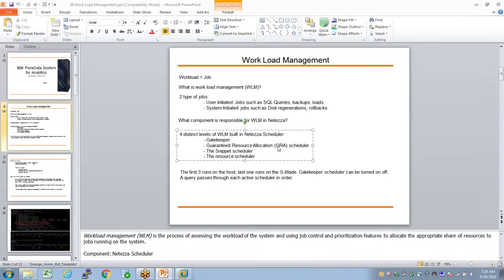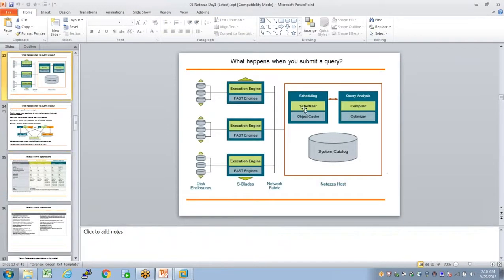Gatekeeper, GRA scheduler, snippet scheduler, those three sit on the Netezza host. But the resource scheduler sits on the S-blades.